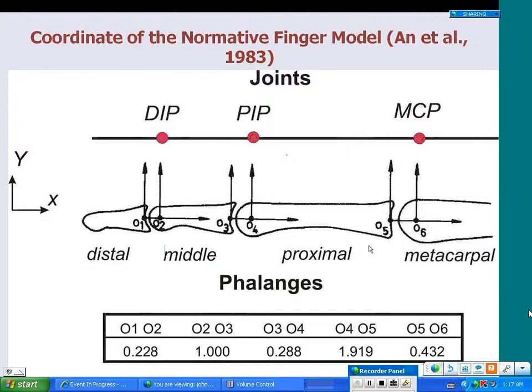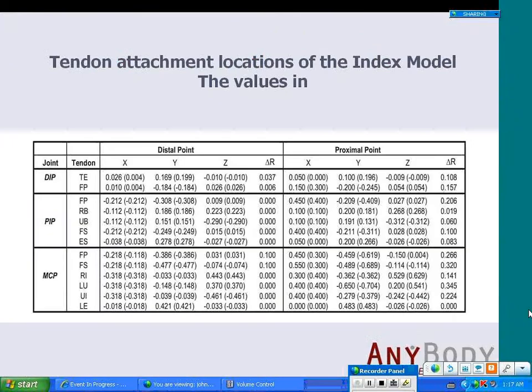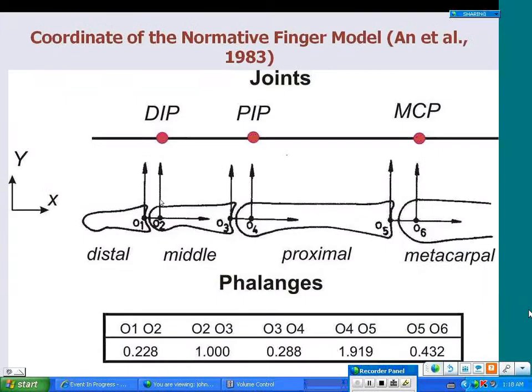In this table, we show the attachment locations. The X, Y, Z are local coordinates, which are defined in this coordinate. For example, in this section, a local coordinate is defined as here, the origin point, and this is defined as here.